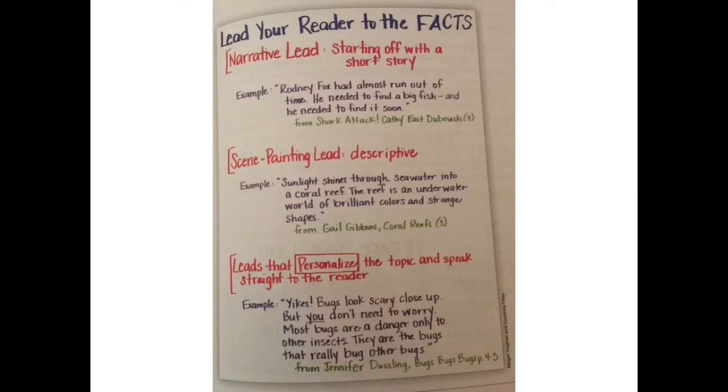The second example, the scene painting lead, leads you to see that it could be a nonfiction type of writing as well, because it's painting the picture for you to go into that world of information. And for the third one, it looks like this one is going to be a narrative about different kinds of bugs. And you're going to learn in that piece of writing about bugs and possibly other insects.